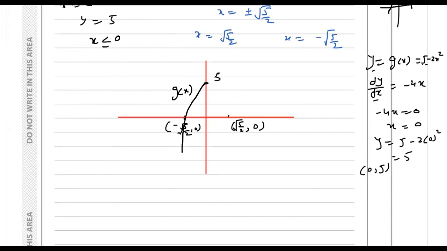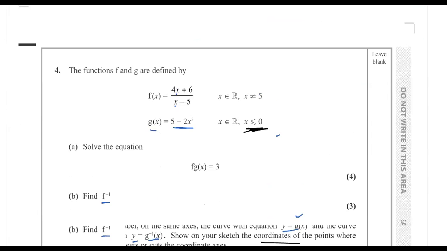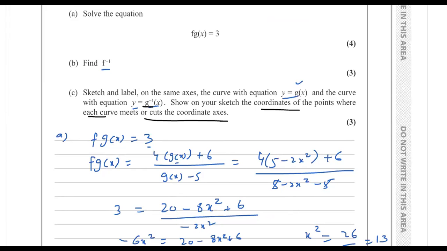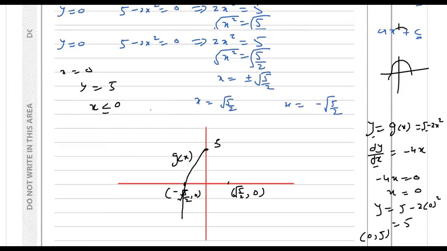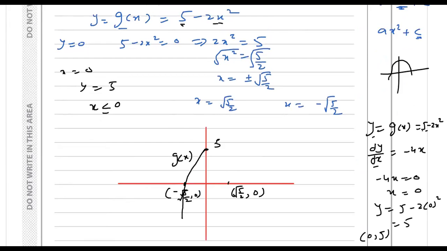Now, if you have to draw the inverse, y is equal to g inverse x, what will happen? The y-intercept will become the x-intercept, and the x-intercept will become the y-intercept. It will come here, minus square root of 5 over 2, and this x-intercept will become the y-intercept.